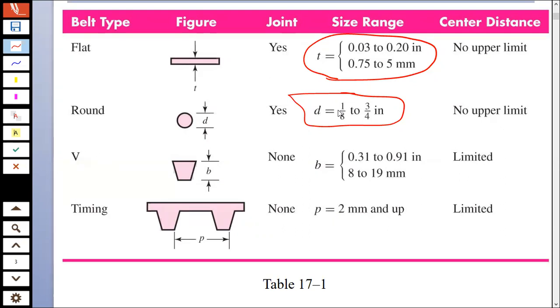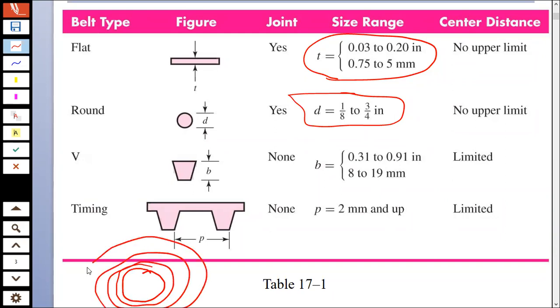Excuse me, sir, what is the meaning of spools? Spools, it's just like a spool, around it will be like this. You just get a round bundle of it. Okay? A bundle of flat belts.